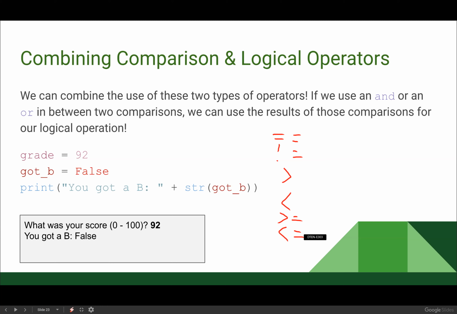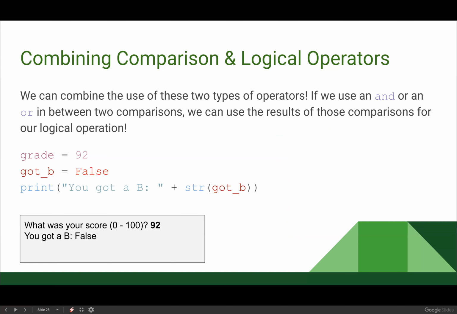Do we think equals equals will work with strings? Yes. Do we think not equals will work with strings? Yes. Will greater than work with strings? Probably not. All right, so we're saying no. Do we think less than will work with strings? No. And then it makes sense that these would also not work with strings, right?